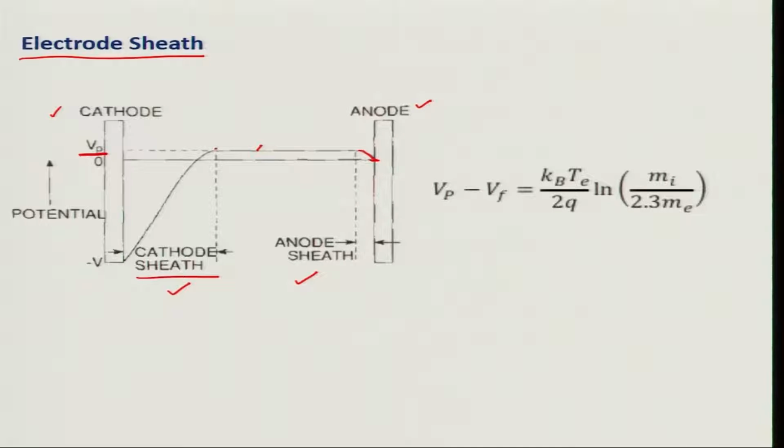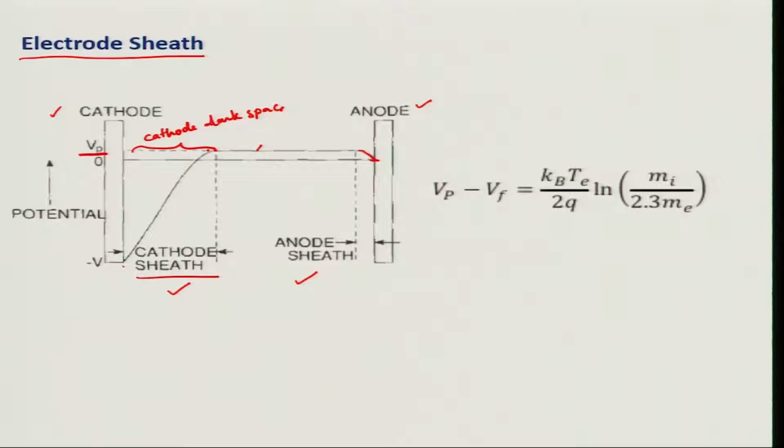And we had also discussed that most of the electric field, or the potential, is dropped in the cathode dark space. This region is the cathode dark space, and we see this potential drop here.